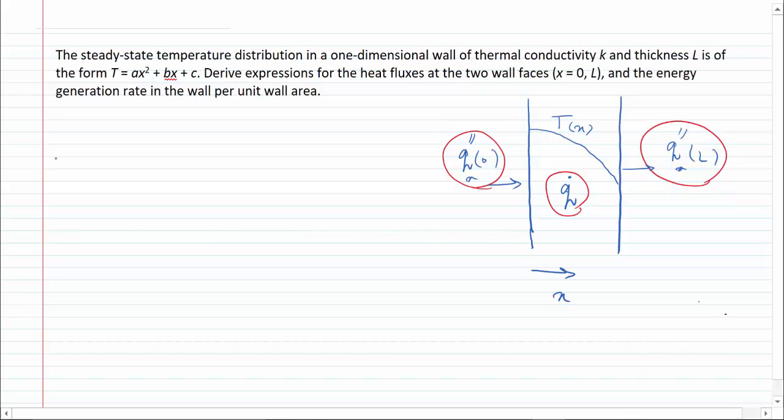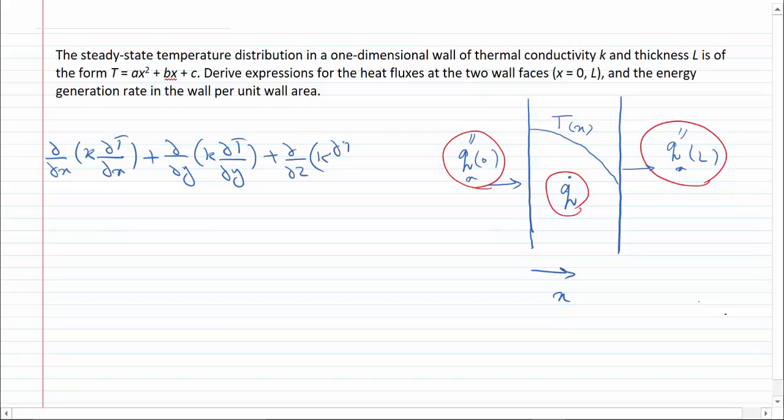In the very general case, it would look like the following: partial with respect to x of k dT/dx, plus partial with respect to y of k dT/dy, plus partial with respect to z of k dT/dz, plus q dot for heat generation, equal to rho cp dT/dt for the heat storage part.